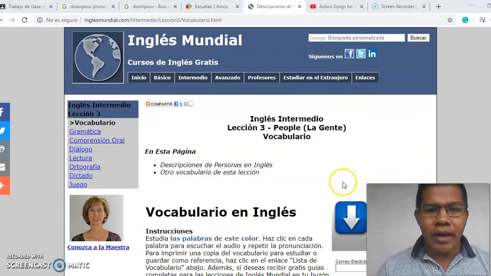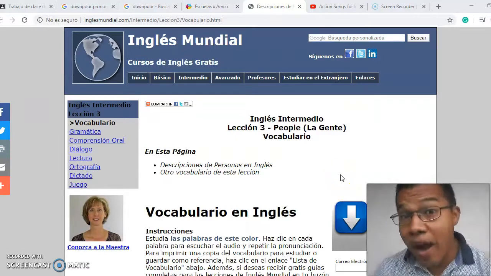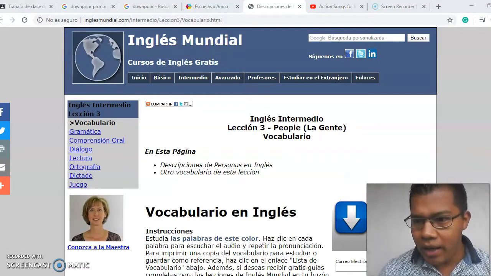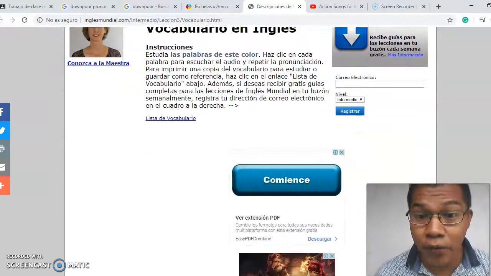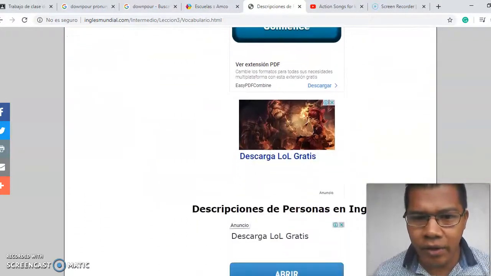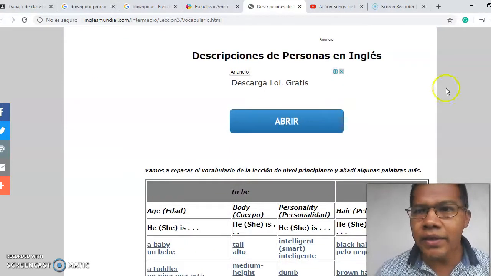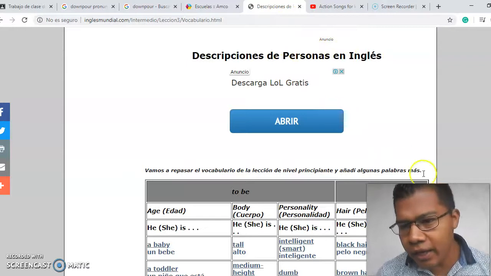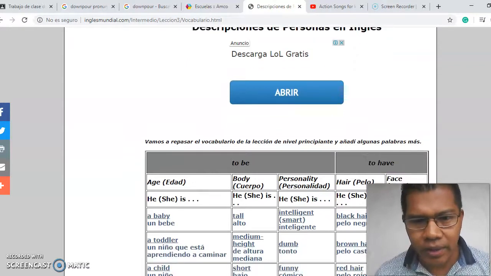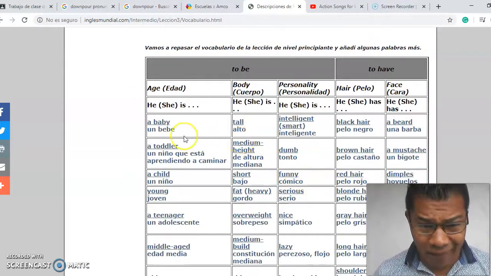You guys, this is for grammar activities, okay? This is one of my favorite pages because I can improve my vocabulary, my knowledge. This is called inglesmundial.com. I already gave you the link and you can practice. Okay, look, I have the word in English.